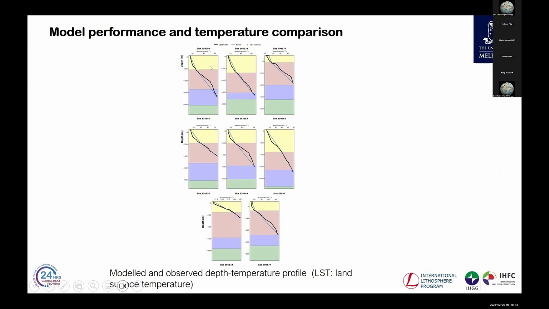You can see there is a fairly good agreement between the observed and the modeled temperatures, and there are some discrepancies here between the measured and the model temperatures. The blue line shows the model temperature, and the black line shows the observed temperatures.